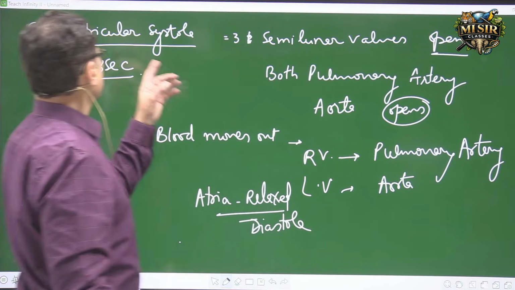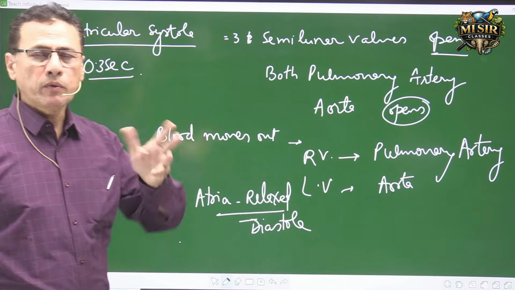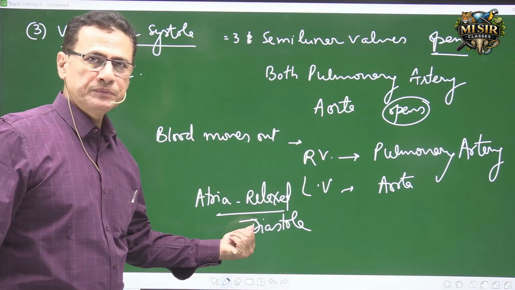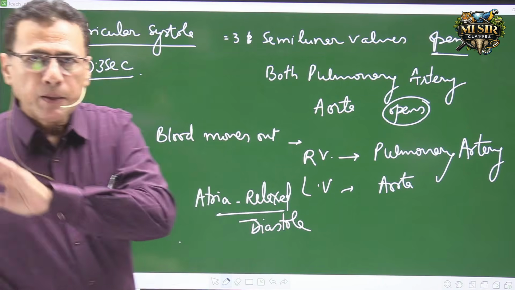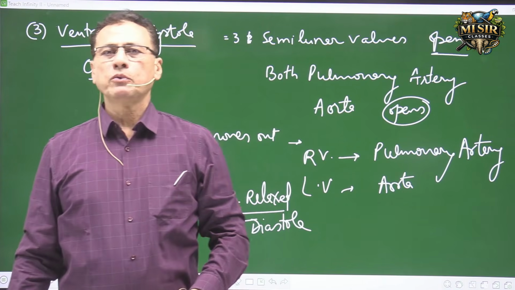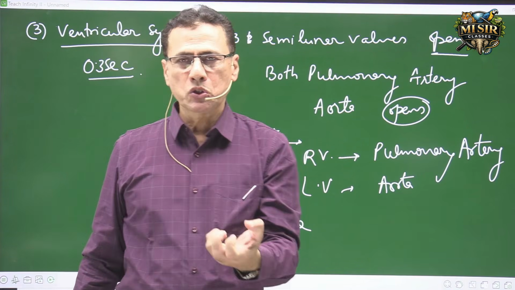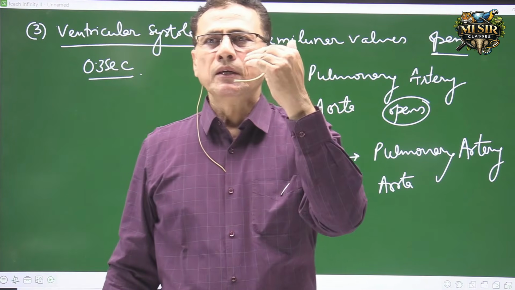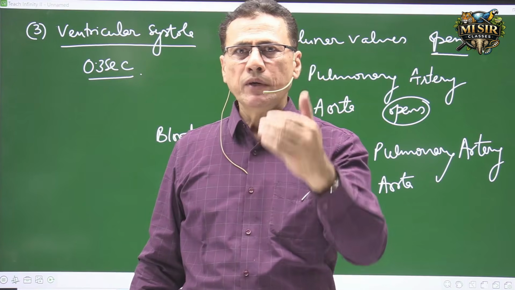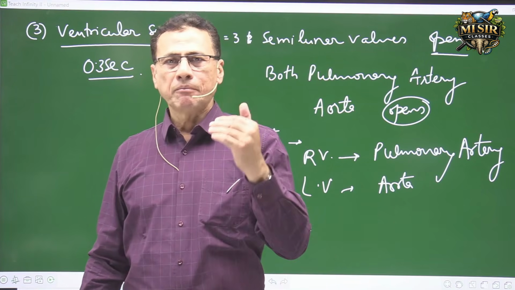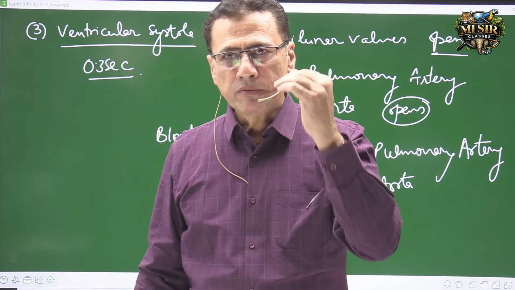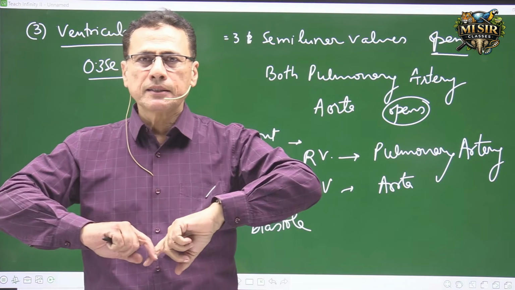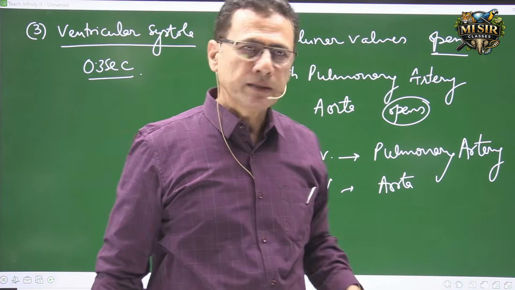So this condition of ventricular systole overlaps the atrial diastole. Now, when the blood moves out forcefully from both the ventricles as a result of ventricular systole, the pressure inside ventricles gradually decreases, since the blood has started moving out of the ventricles.